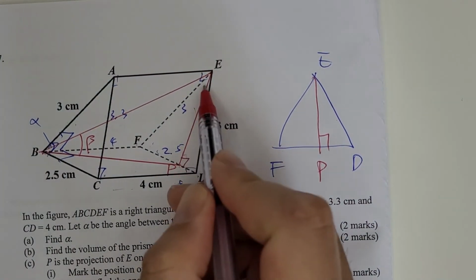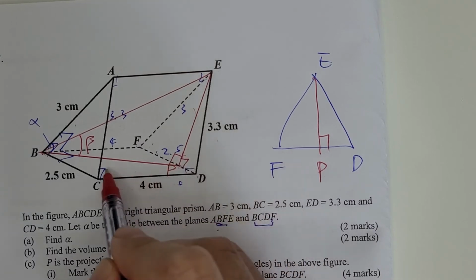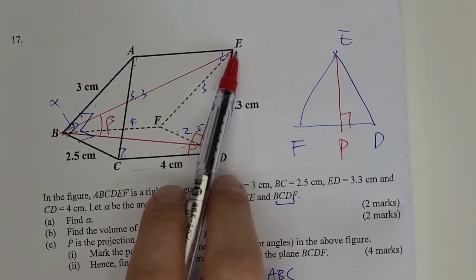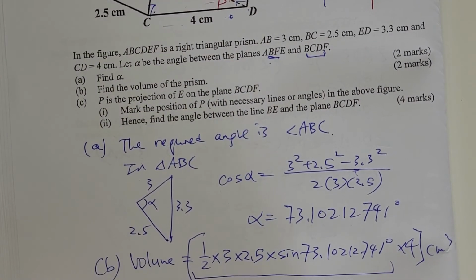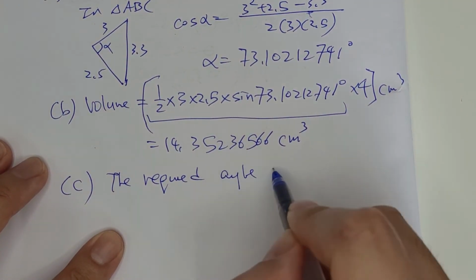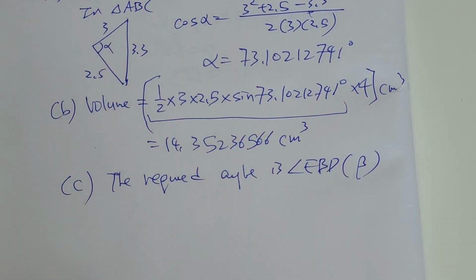And don't worry, EP is perpendicular to this face, okay? So the required angle is angle EBD. I call it beta.